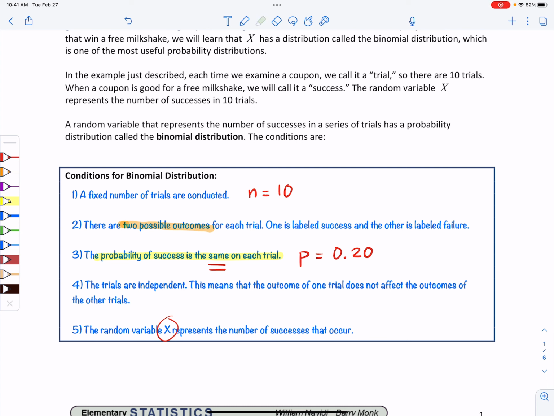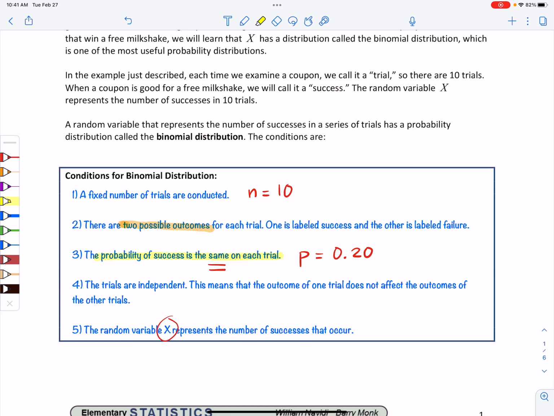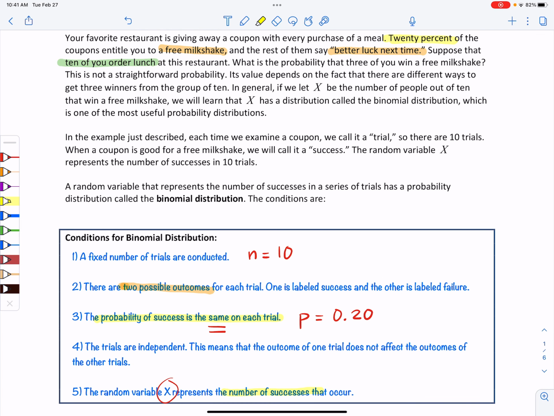So specifically with the binomial distribution, your random variable will count the number of successes that occur. So in this particular example that we just ran through, the random variable x would count the number of coupons that we get among these 10 trials that say you win a free milkshake, because that is our success in this experiment.